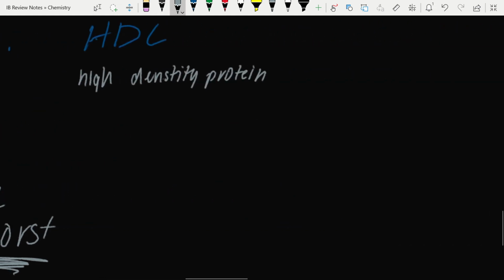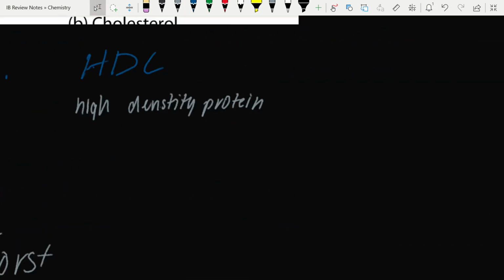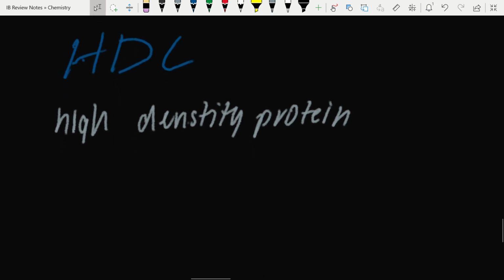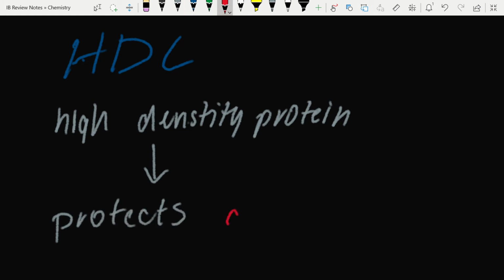On the other hand, you want your HDL to be high because it protects against heart disease.